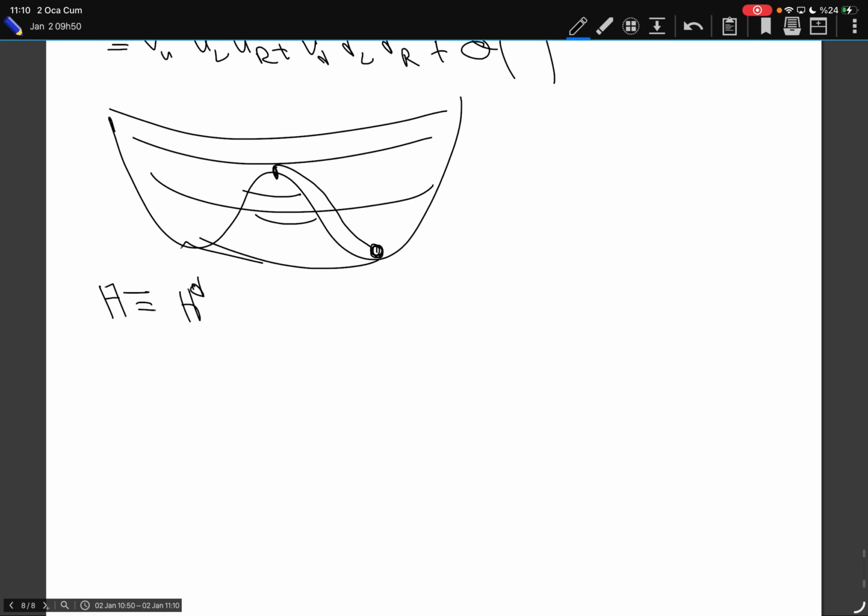Now, in the ground state, what I would like to have is, let's say, 0, 1, with some coefficient. Well, this is what HT is. I would like to have 1, 0, sorry. HT in the ground state was, remember, 0, 1.